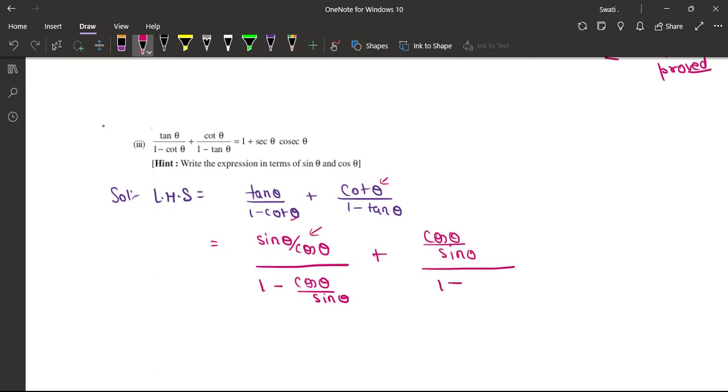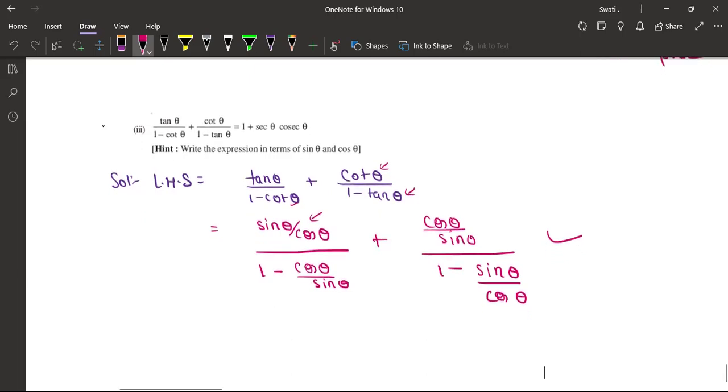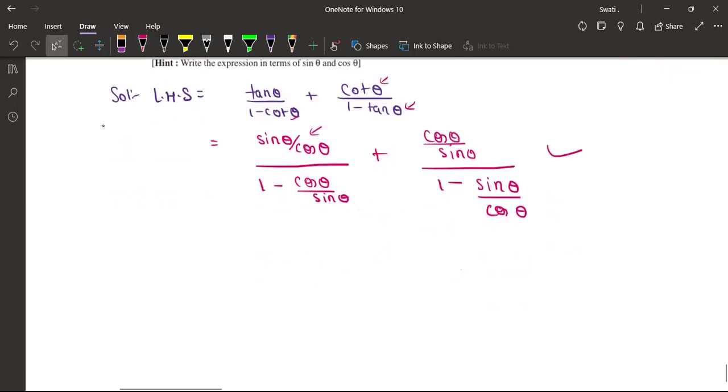Upon 1 minus tan theta को क्या लिख सकते हैं? Of course sin theta by cos theta. Have you understood this step? माना मैंने कुछ नहीं किया है, just सबको sin और cos में convert कर दिया. You understood this step? Yes. Okay. Let's go to the next step.